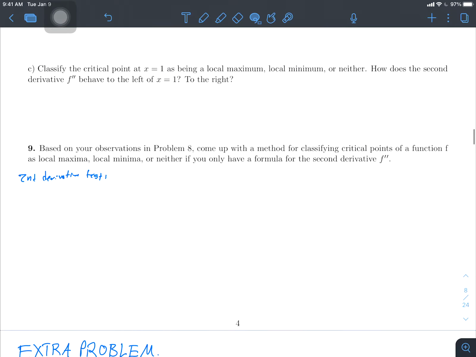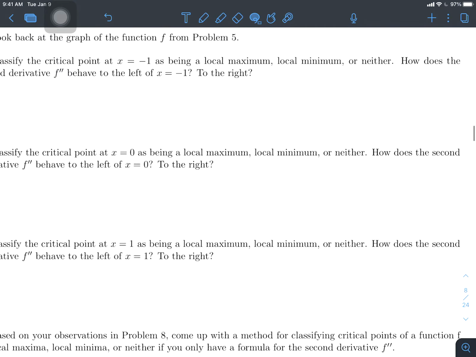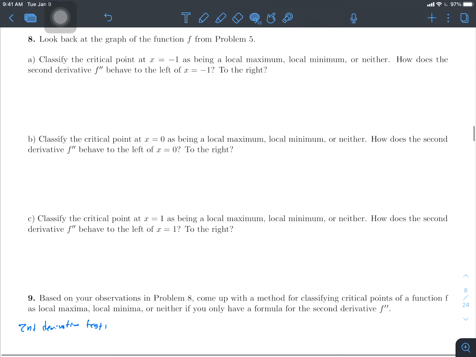Okay, so, in fact, why don't I just copy this all the way down to the relevant section. Okay, so we're going to talk about problem number 8, or section 8, I guess, where we're going to look back at this graph and we're going to observe the behavior near these critical points, not of the first derivative, but of the second derivative.